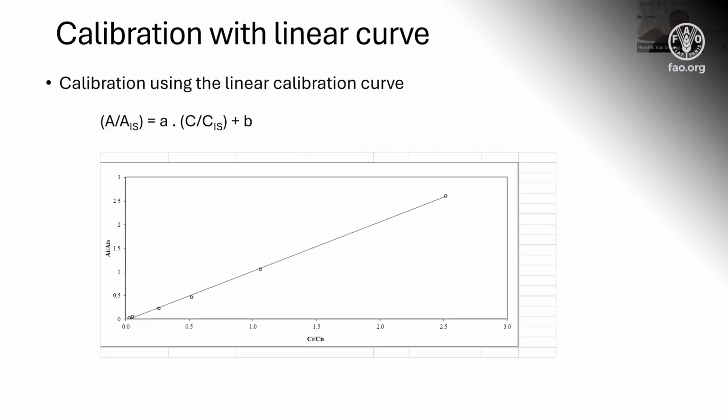Here you see an example of a curve where on the x-axis you have the concentration divided by the concentration of the internal standard. And on the y-axis you have the area of the component divided by the area of the internal standard. And here we see a linear curve.